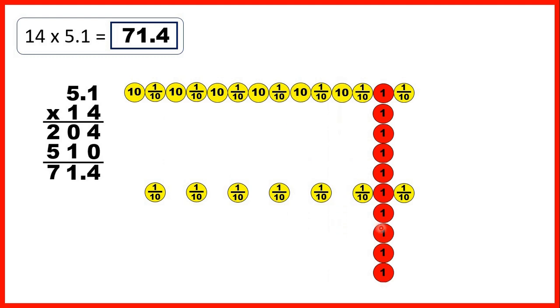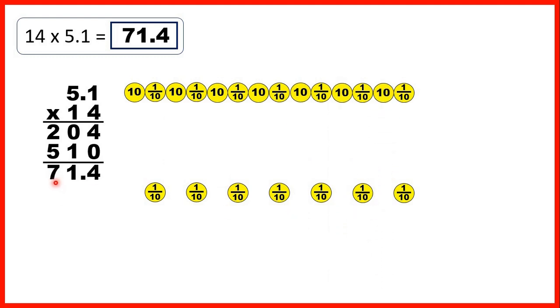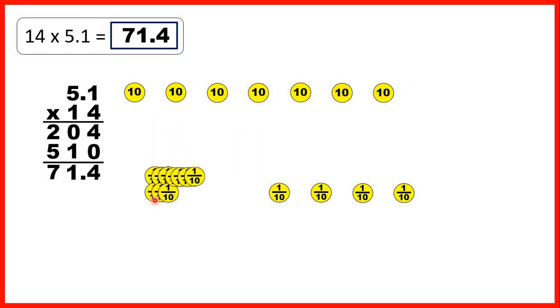And we can do that 7 times, so we get 7 tens in our answer. But now we can regroup our 14/10ths into 1 whole and 4/10ths, and that's why we get 71.4 as our answer, because we have 7 tens, 1 one, and 4/10ths.